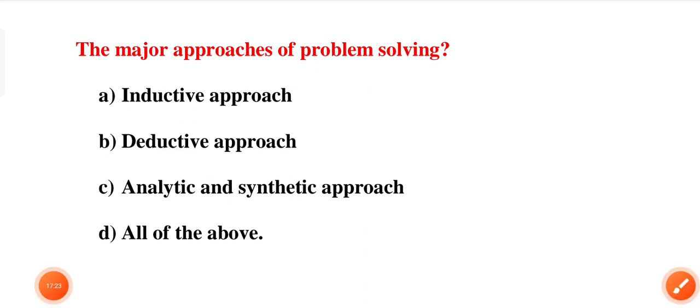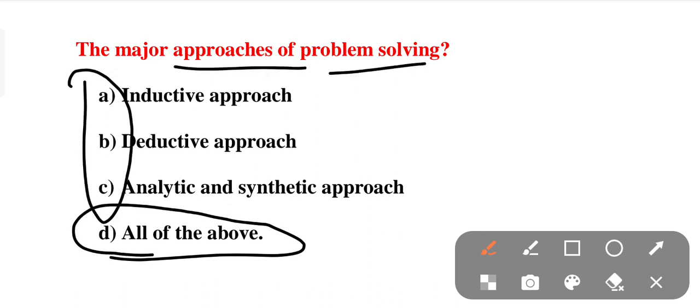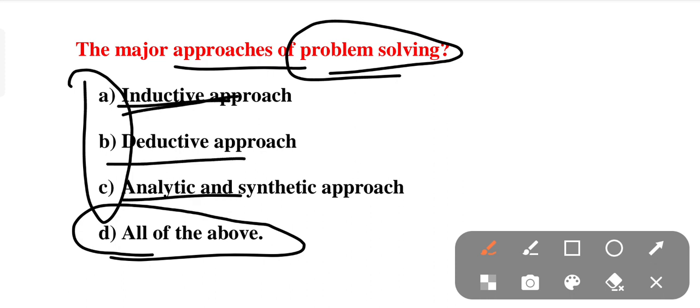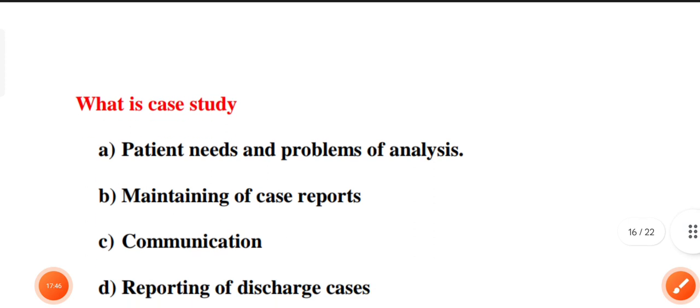So the right answer is option D. Problem solving is nothing but finding a solution for a problem, so we can use the inductive manner, deductive manner, analytic and synthetic manner. These are the major approaches of problem solving.